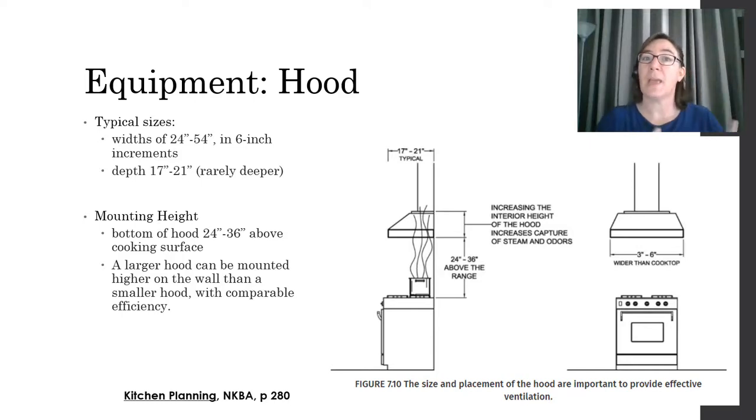Double check your manufacturer's specifications for both the range and the hood to see if there is a specific recommendation for that equipment. Typically, a larger hood can be mounted higher on the wall than a smaller hood with comparable efficiency. So if you want something to be higher, specify a larger hood.